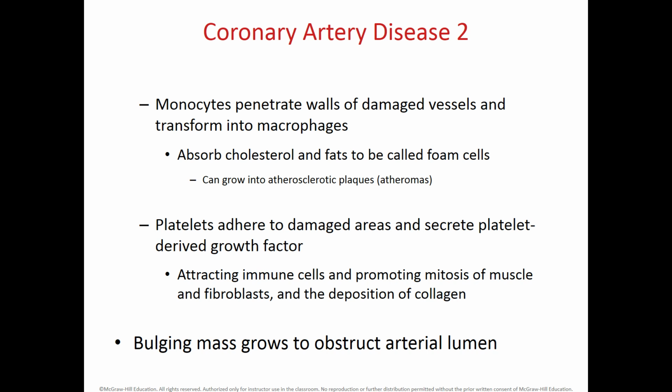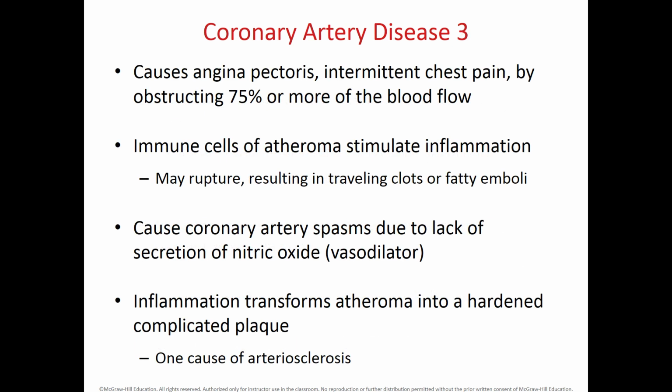Along with calcium and fibrin, you also have platelets adhering to this damaged area, and then you have attraction of the immune system cells, mitosis of the smooth muscle and fibroblasts, and the deposition of collagen within these coronary arteries. Then you will have this mass that bulges towards the arterial lumen, obstructing the coronary arteries more and more every time.